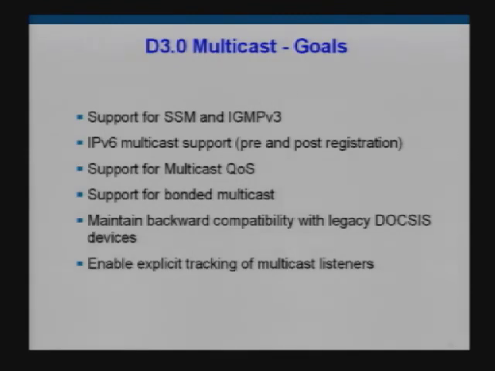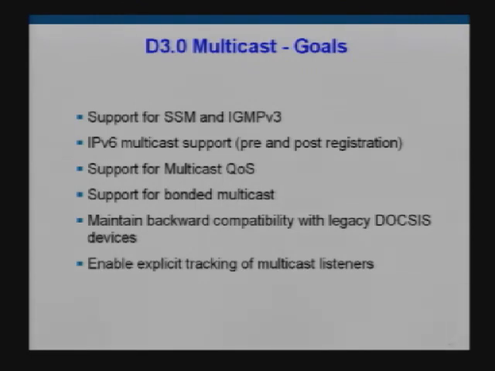IPv6 multicast support has also been introduced in DOCSIS 3.0, because IPv6 unicast was available prior to DOCSIS 3.0, so MLD, multicast listener discovery, is available with DOCSIS 3.0 support. QoS for multicast was not standardized prior to DOCSIS 3.0, which is another one that has been introduced. And support for bonded multicast.